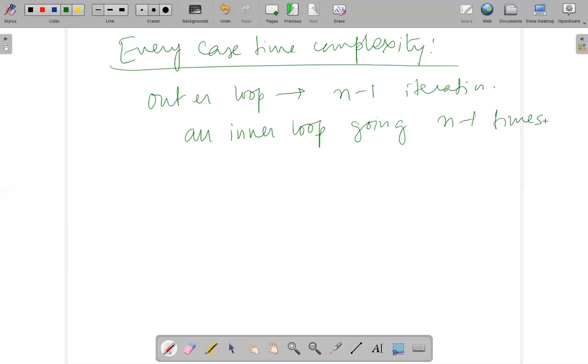Let's make it clear: two inner loops going n-1 times each.